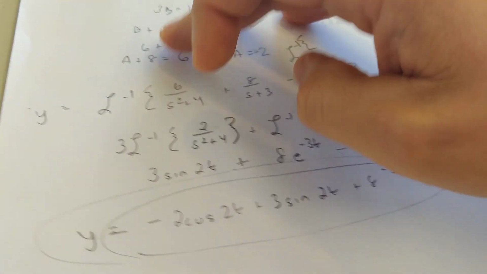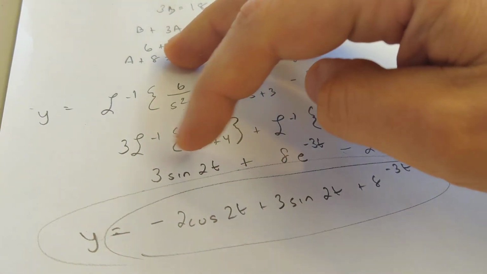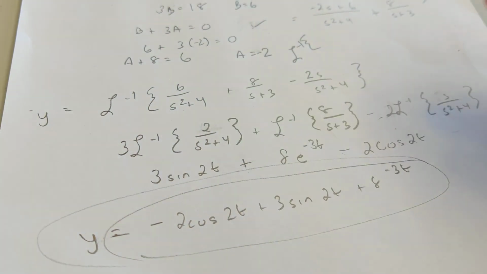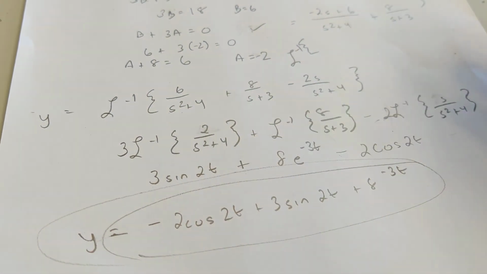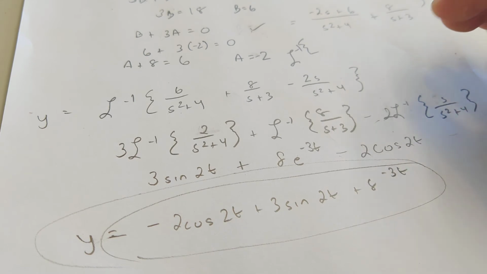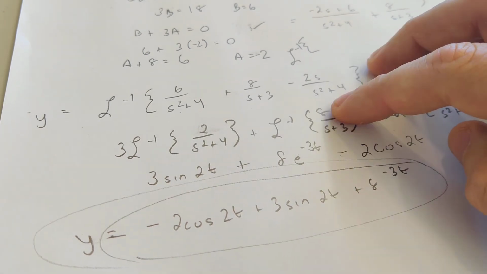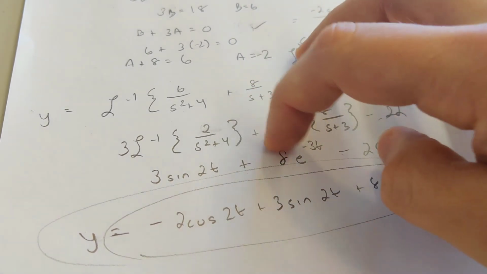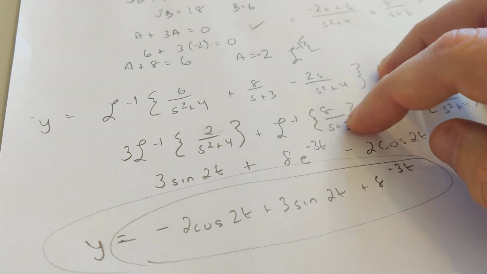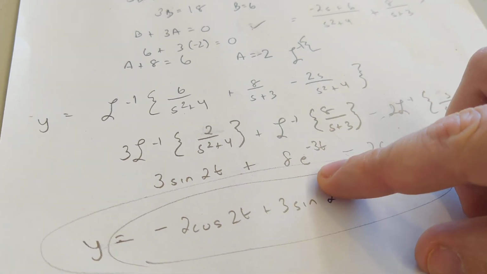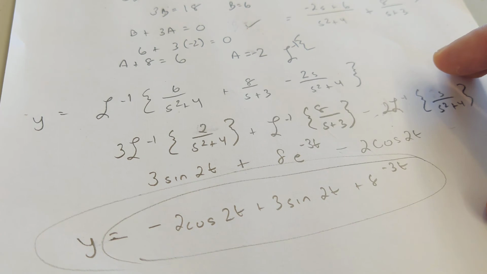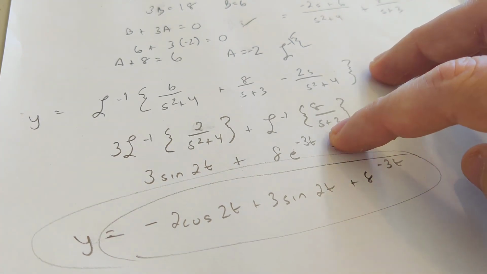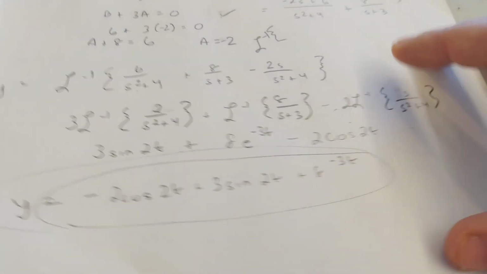3 times this, so 3 sine 2t, plus this one. 8 we take out, so it's 8 times 1 over s plus 3, or then 8 times e to the minus 3t, s minus minus 3.